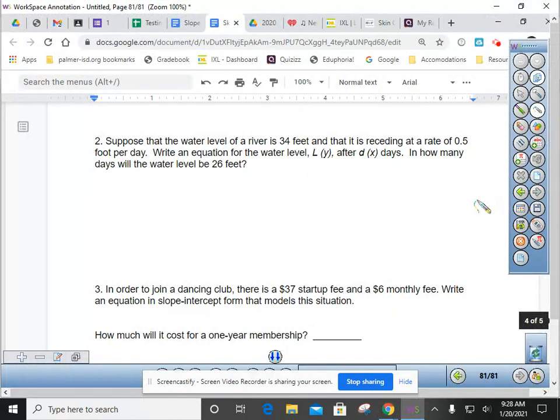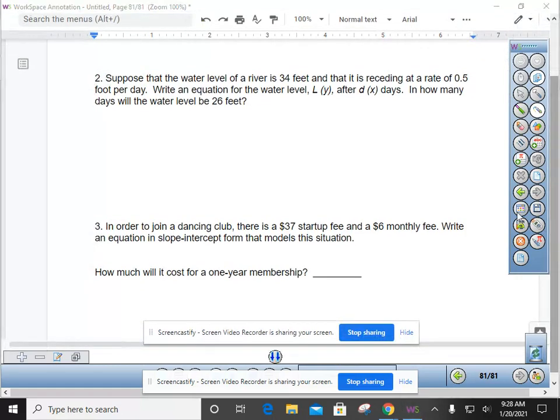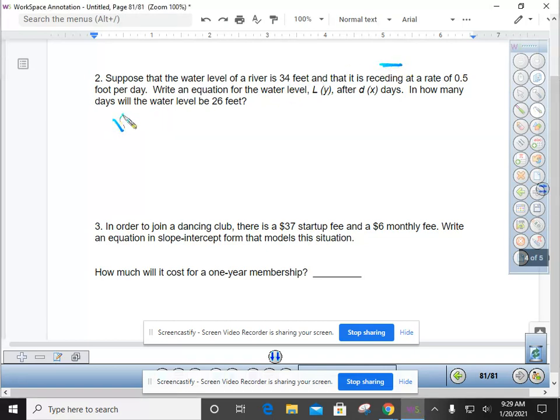Number 2. Suppose the water level of a river is 34 feet and that it is receding at a rate of 0.5 foot per day. Write an equation for the water level L after D days. In how many days will the water level be 26 feet? First of all, receding means to do what? Subtract.